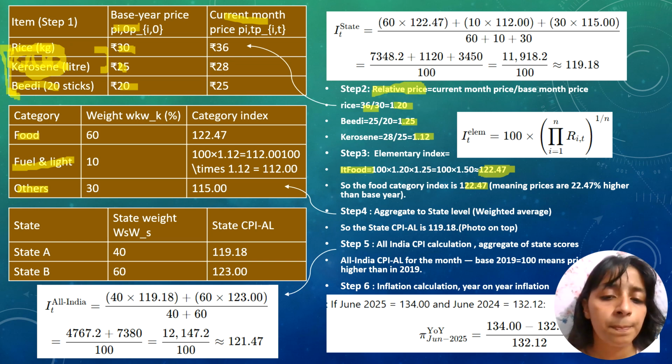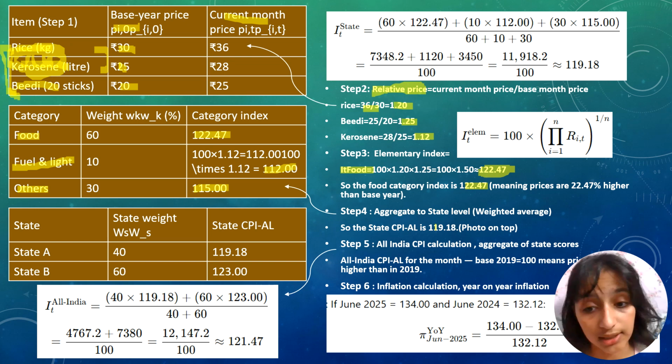It's a rough example. Now these three numbers we have calculated here: 122.47, 112, 115. So these three numbers will be aggregated to create a state level index.